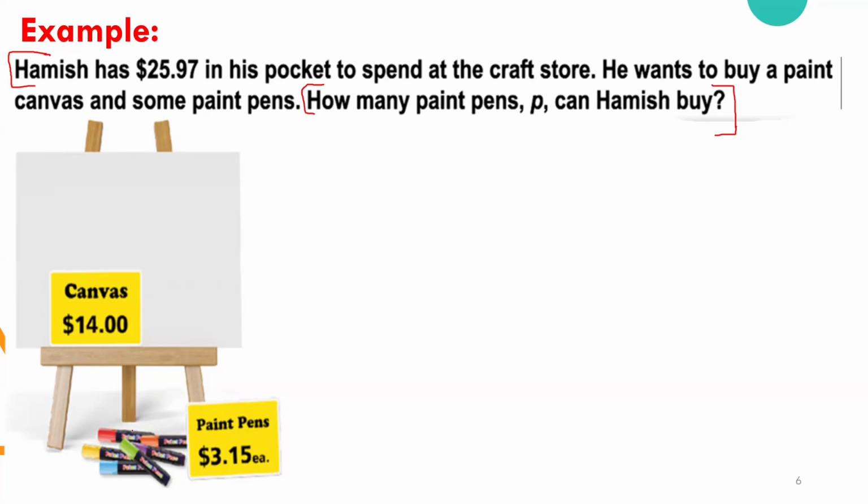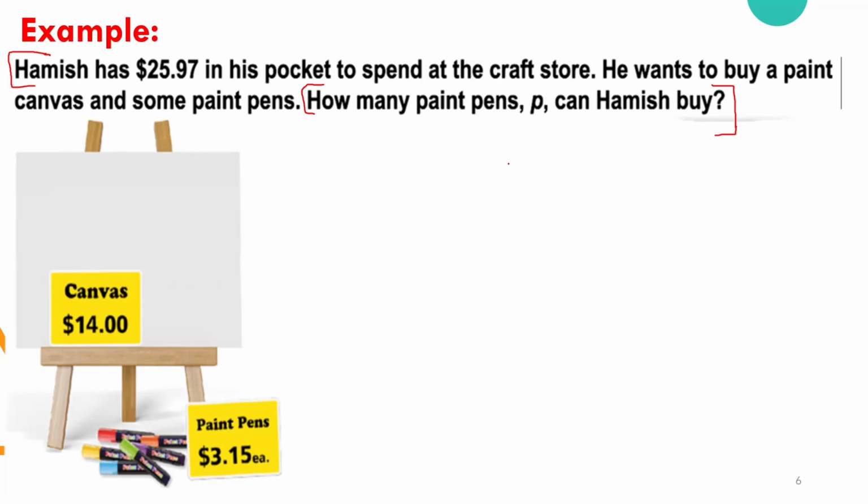To know the symbol we are going to use, we know that whatever symbol we use, it cannot be greater than the $25.97 that he has in his pocket, because whatever he purchased must be equal to that amount or less than that amount. If it is more than the amount of money he has, he will not be able to purchase it.